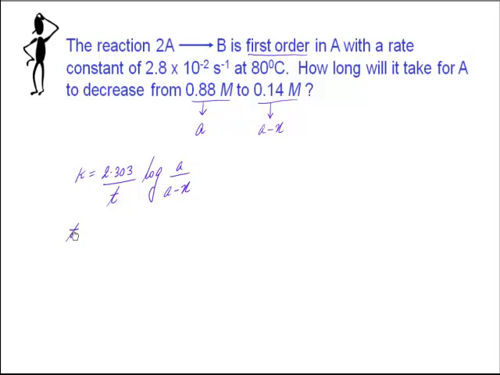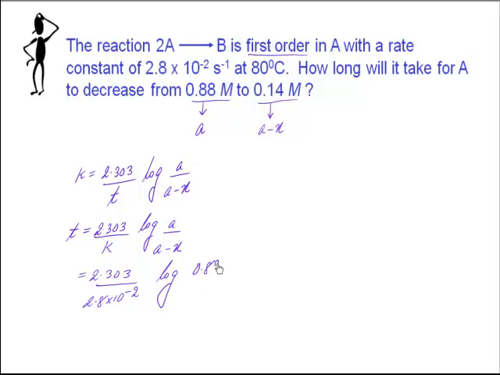So we'll make T the subject of the formula. So we'll get 2.303 upon K log of A upon A minus X. So if we substitute the value of the rate constant, 2.8 into 10 to the power minus 2, A is 0.88 and A minus X is 0.14.